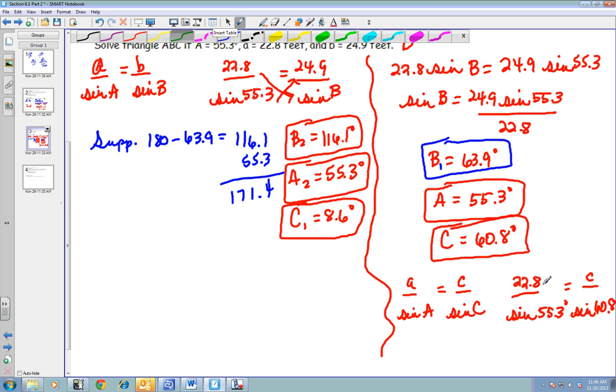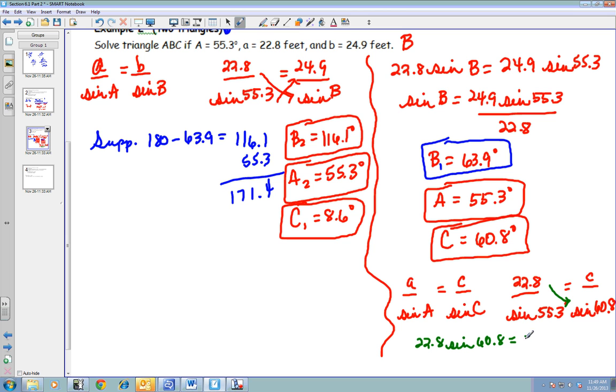Cross multiply: 22.8 times the sine of 60.8 equals C times the sine of 55.3.